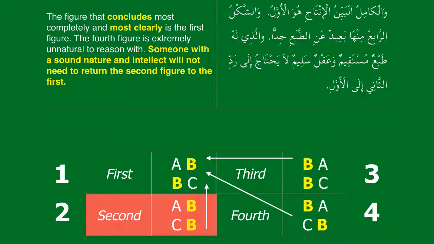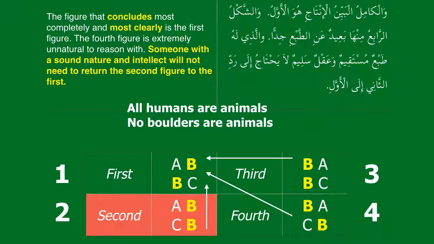So what's an example of a syllogism of the second figure, of a categorical argument on the second figure? Here's an example. All humans are animals. No boulders are animals. You can easily figure out the conclusion. If every single human being is an animal, and there is no boulder that is an animal, then it follows that no humans are boulders.